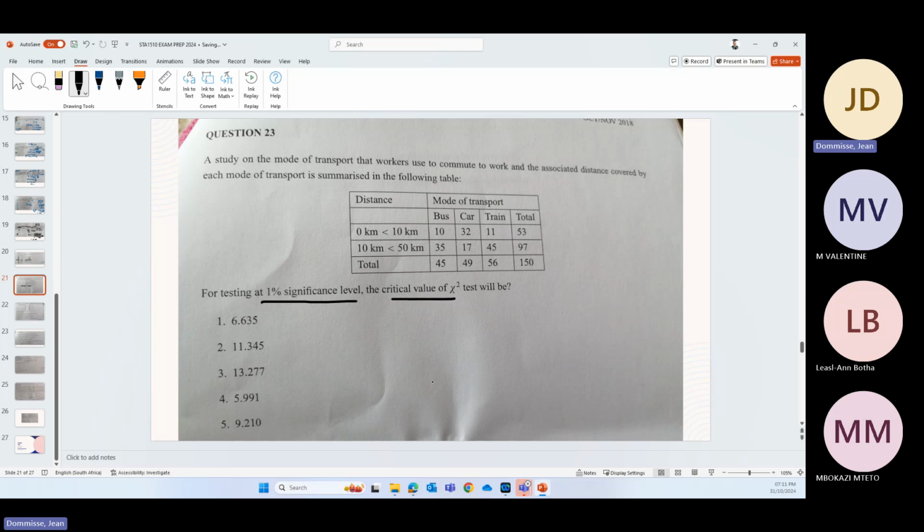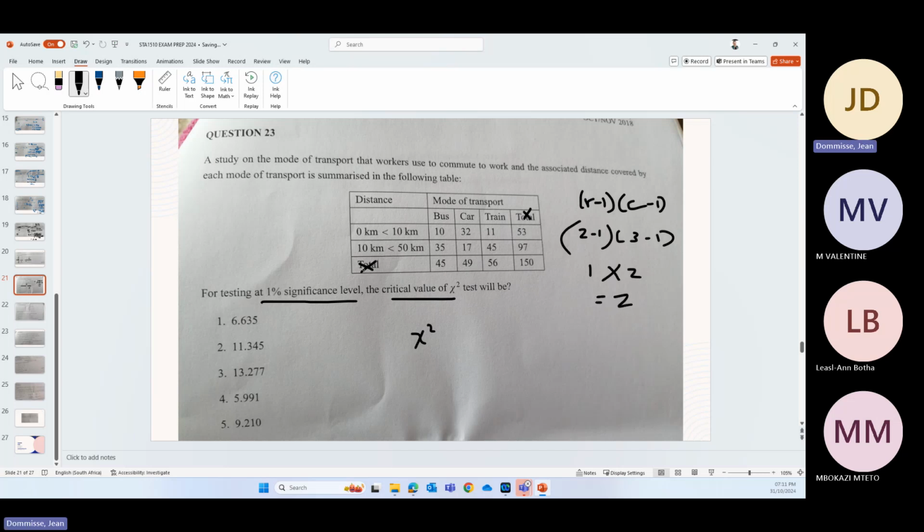Okay, so we need to go to our table, critical value, so degrees of freedom, rows minus 1, columns minus 1, and we don't include totals, so no totals included. So we've got 2 rows, 2 minus 1, columns 3. So degrees of freedom is 1 times 2, okay, which is 2.